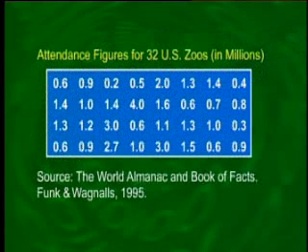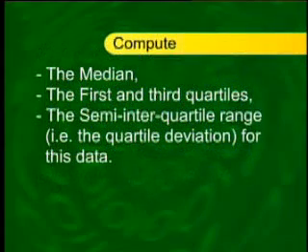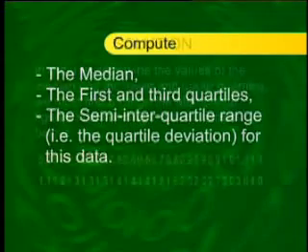The figures are 0.6, 0.9, 0.2 and so on, and all these figures are in millions. Now, we would like to compute the median, the first and third quartiles, and the semi-interquartile range for this data. Of course, you all know that the semi-interquartile range is the same thing as the quartile deviation.